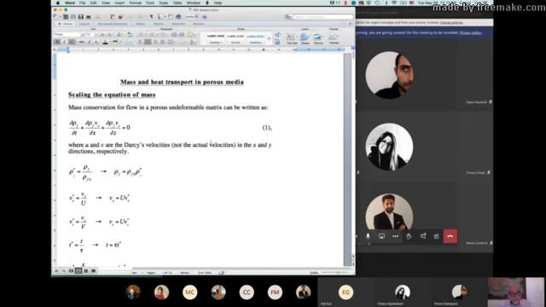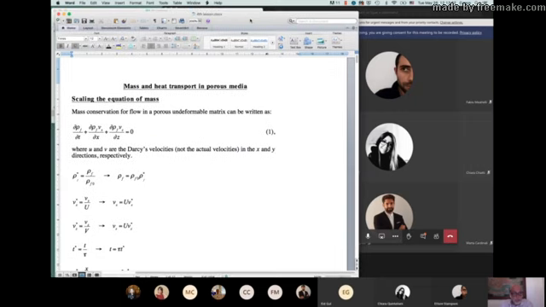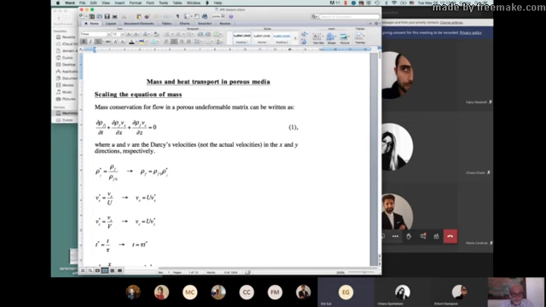So the equation of conservation of mass. Can you see well? Yes, you should see it.